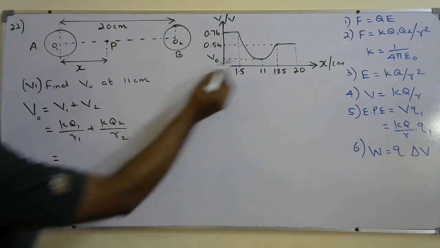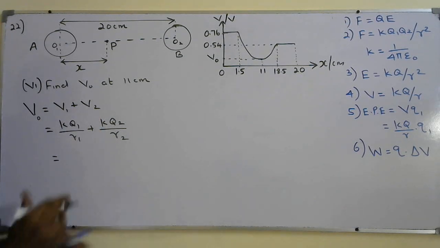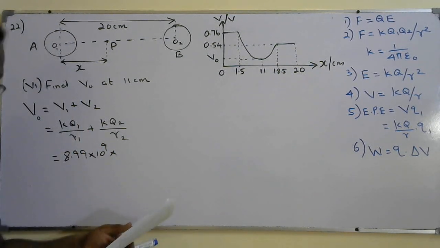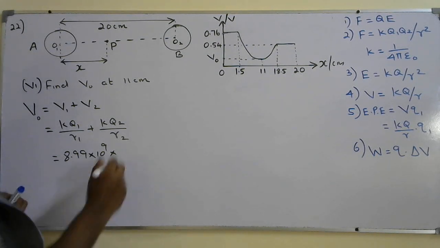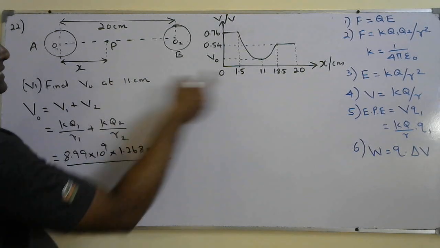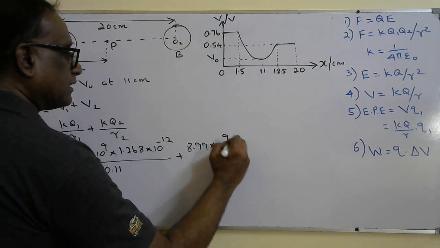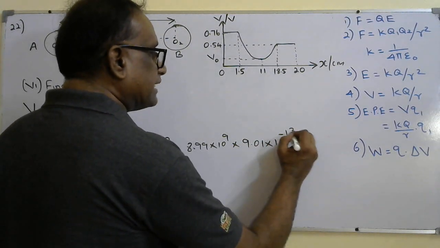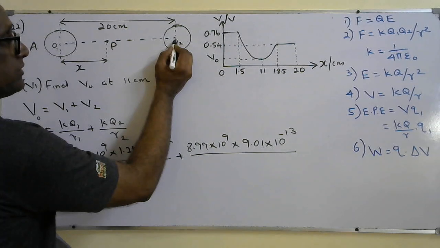We need to find the V naught, which is marked on the graph at 11 centimeters. So that is 8.99 times 10 to the power 9 times Q1, the charge of the first sphere, we found it, 1.268 times 10 to the power minus 12 Coulomb over the distance 11 centimeters, 0.11, plus 8.99 times 10 to the power 9 times Q2, which we found as 9.01 times 10 to the power minus 13, divided by the distance from the center of the second sphere.